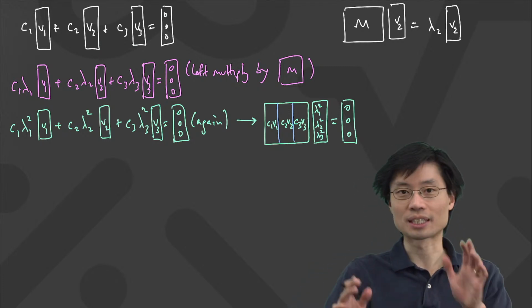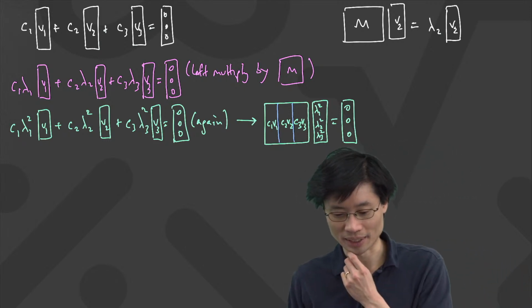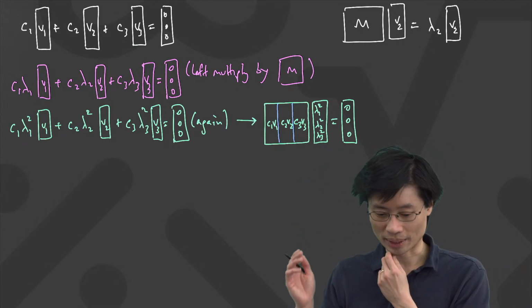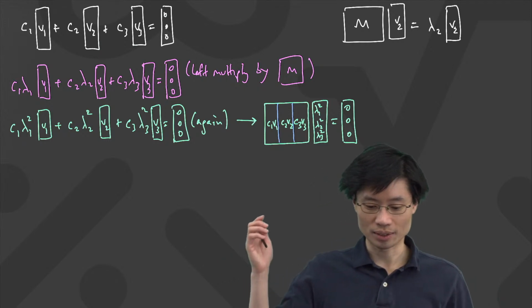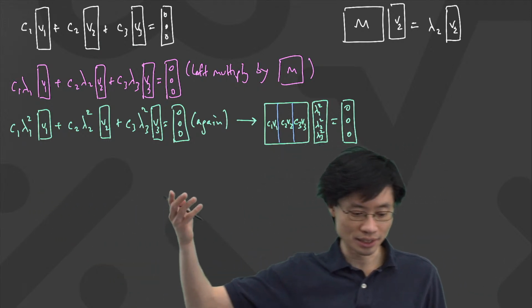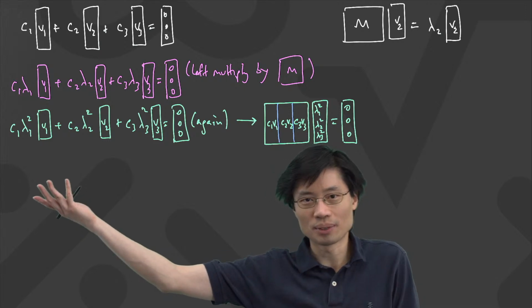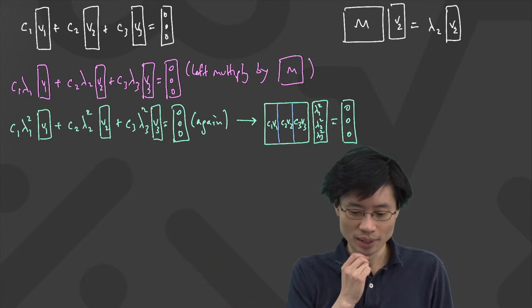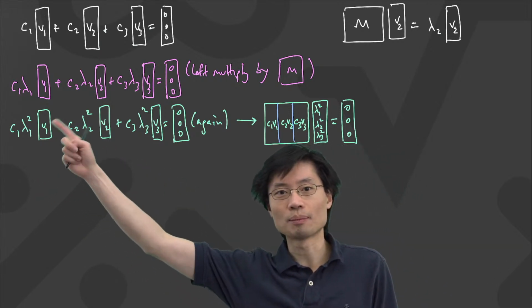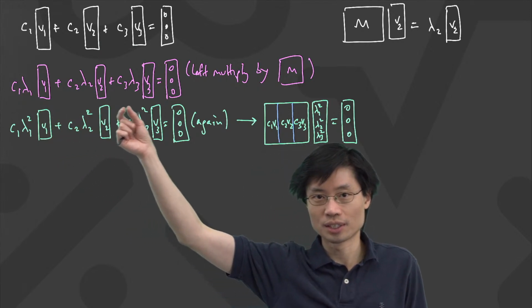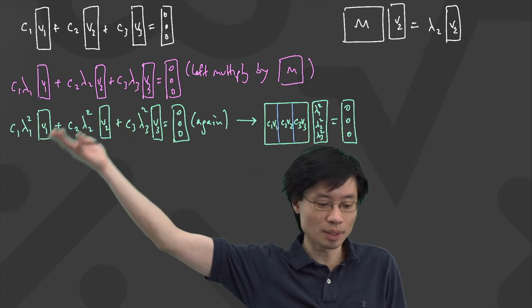I want to pause for a second and digest what just happened here. The reason why this works is if you look at the left-hand side, I just have some numbers, c1 lambda 1 squared. What would the top element of this first thing be? Because this left side is something plus something plus something.